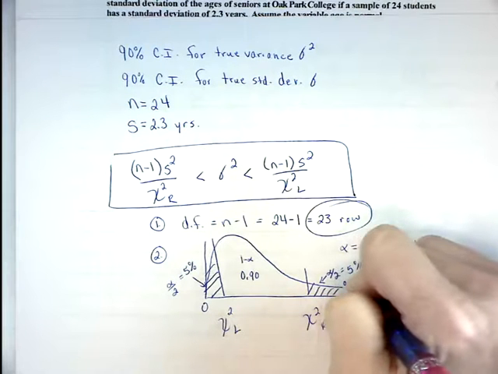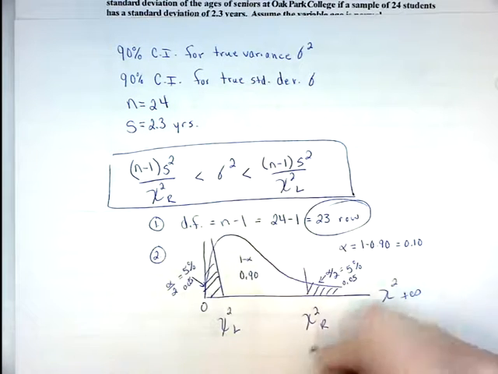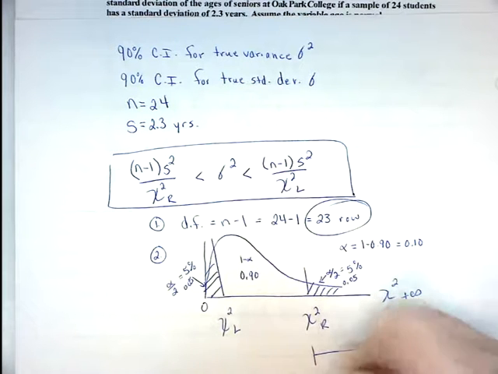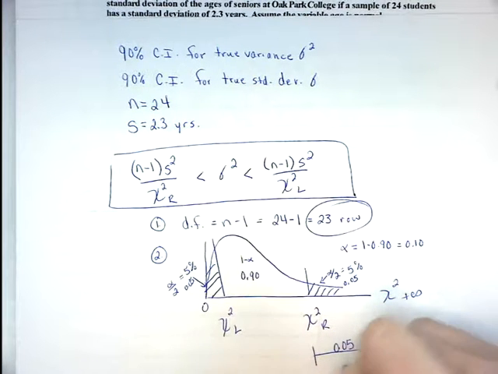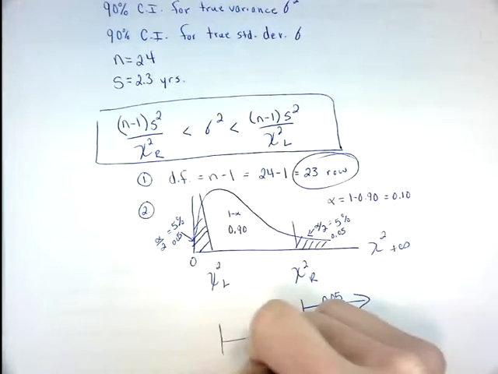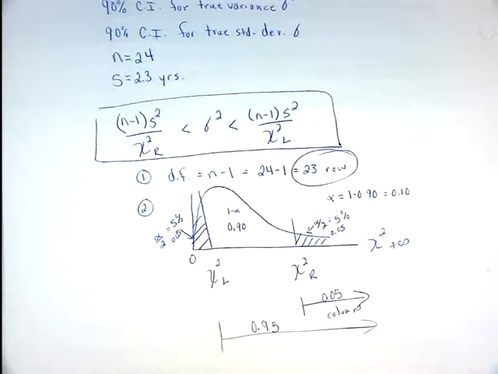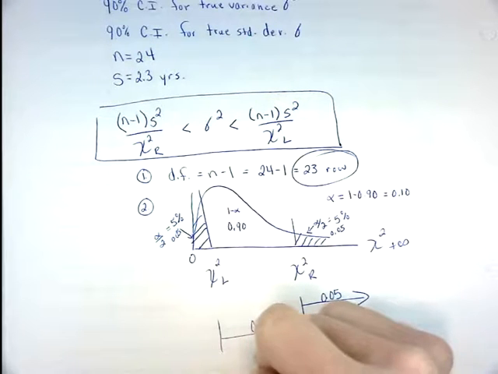That's 0.05 and 0.05. The area above chi-square from the right is 0.05, so we'll go to that column first. And then the area above chi-square from the left is 0.95. 0.90 plus 0.05 is 0.95.